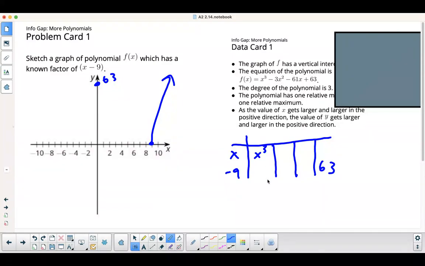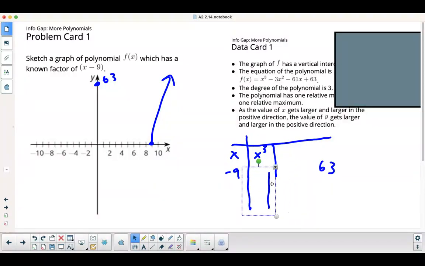So I think I have an extra one here, squared. Yeah, I have an extra. Get that out of there.